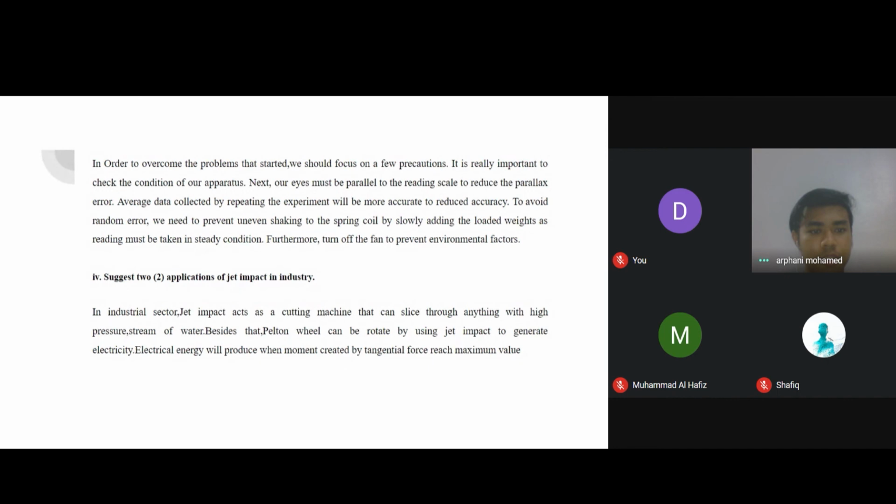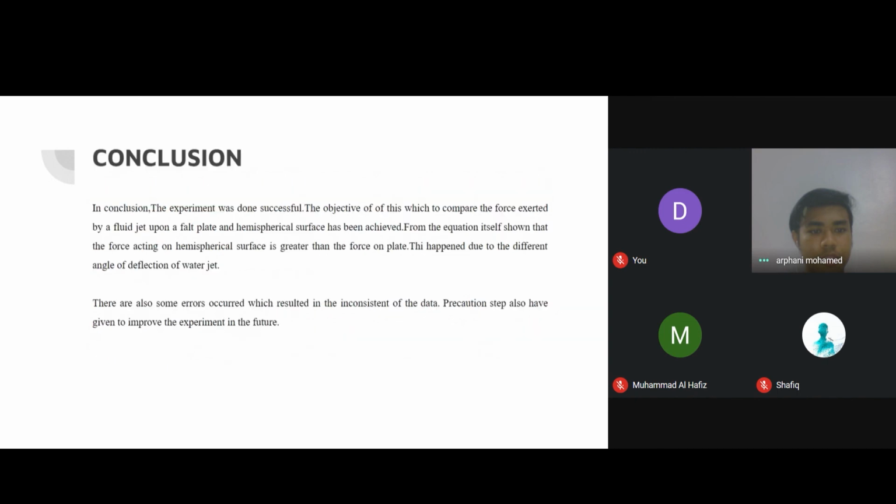And the last part is what we can conclude in this experiment. The experiment was done successfully. The objective of this experiment, to compare the force exerted by the fluid jet upon a flat surface and a hemispherical surface, has been achieved. The equation itself shows that the force acting on the hemispherical surface is greater than the force on the plate.